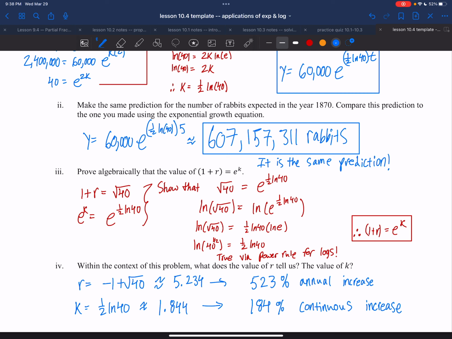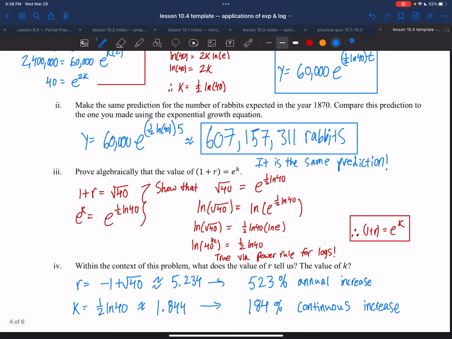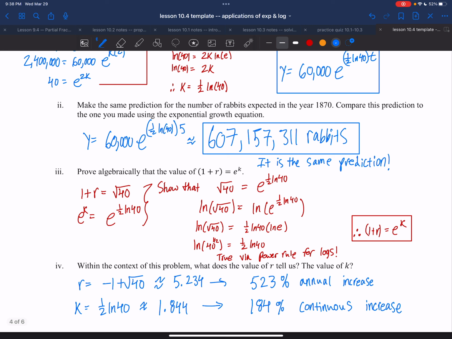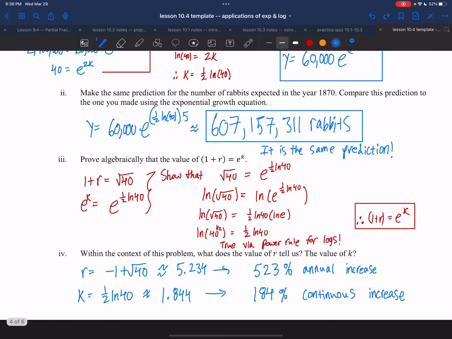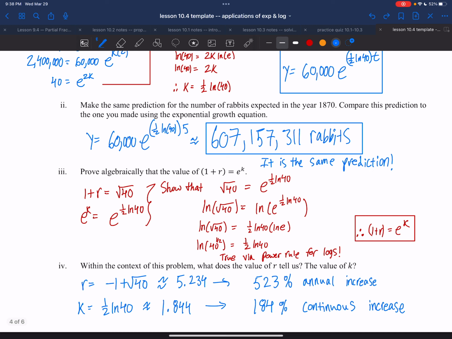What would we do with that continuous increase rate? I think the annual one we might be more interested in, and more often than not, that's why you're going to see this particular equation used for this type of problem. But again, what we're doing is exploring the ways different kinds of models essentially make the same predictions, but tell us different information about the problem.